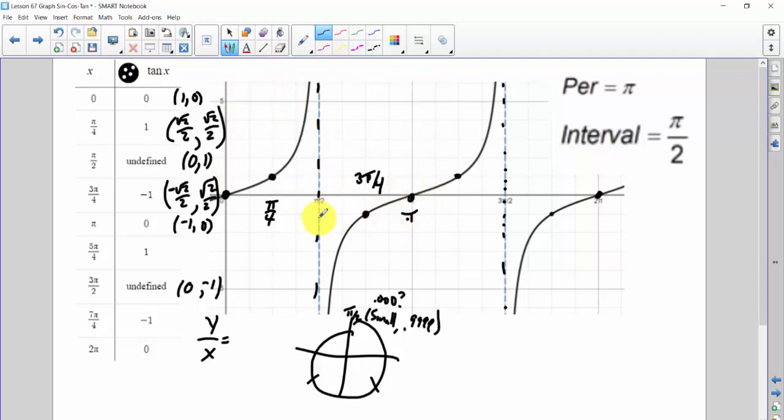Or I could say from pi over 2 to 3 pi over 2 is a cycle, because it's going to go like this, and then it's going to do that again if I just continued the picture. All right? But my period in this case, how long does one cycle cover? That's pi. And again, I'm using intervals of pi over 2.